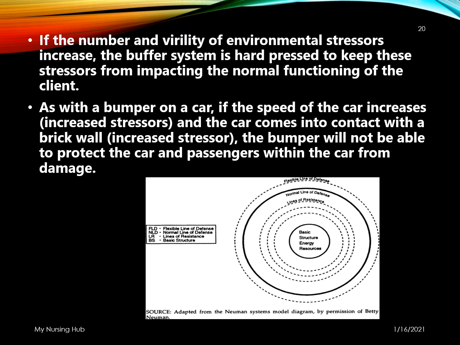If you have increased stressors, what happens? The car may go and hit into a wall. So the bumper on the car will not be able to protect it from damage. That means the stressor is increased, so the damage caused is also more. So the bumper will not be able to protect the car or those who are sitting in the car. Hope it is clear for you.